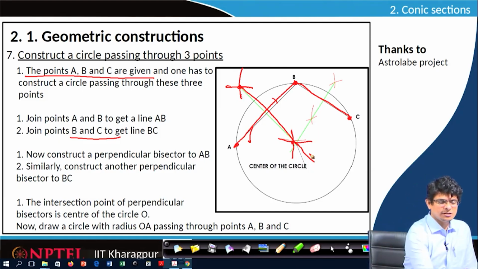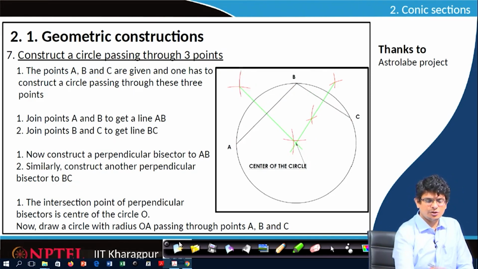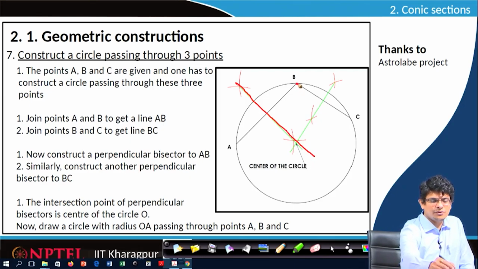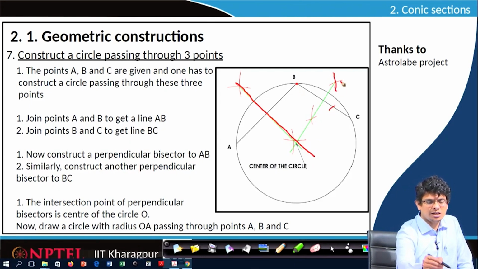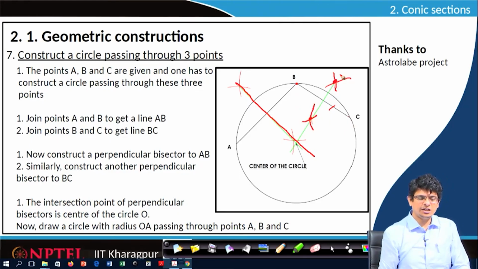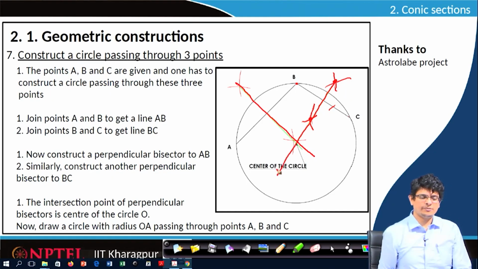Similarly, construct the perpendicular bisector to BC. This line we have already constructed. To construct for BC, same procedure: from B with a radius greater than half the distance, mark an arc, from C with the same radius mark an arc, and again from C and from B. Wherever these points are, join them and construct one more line.